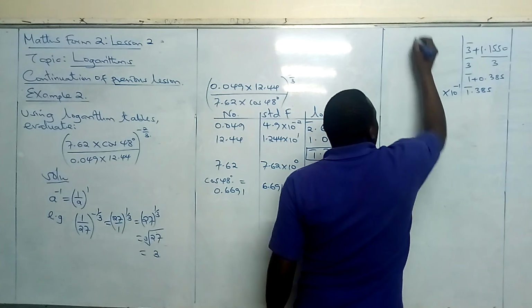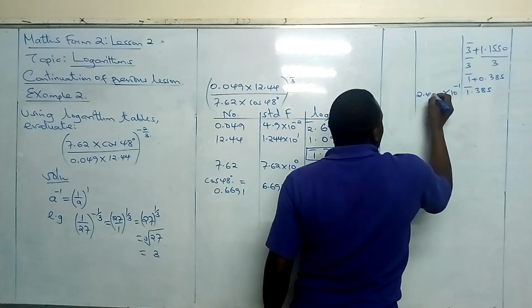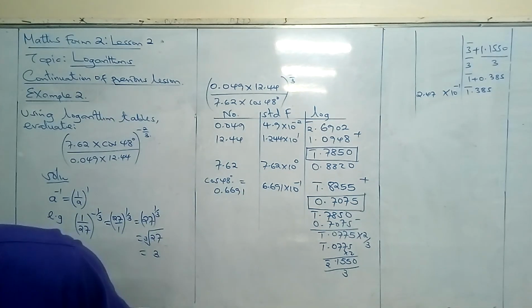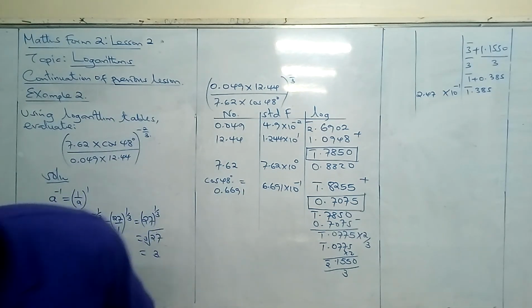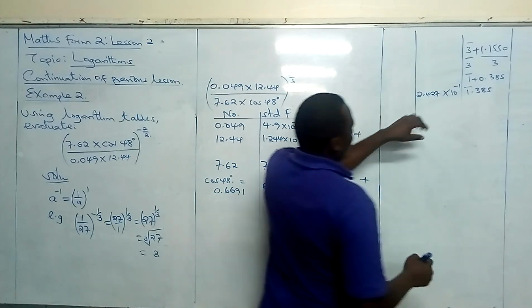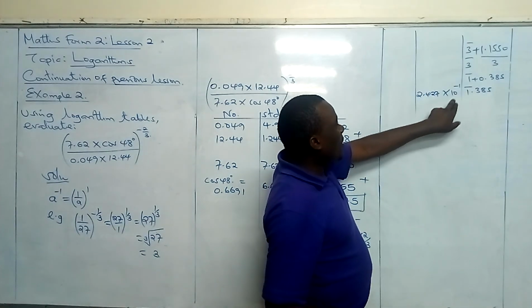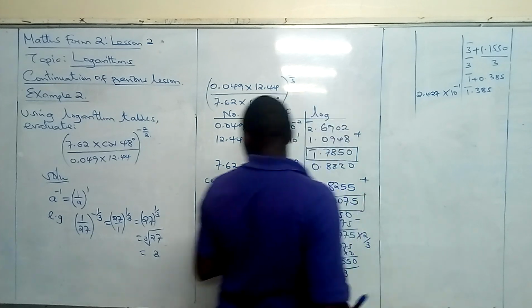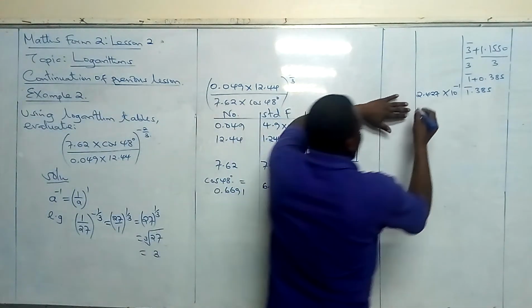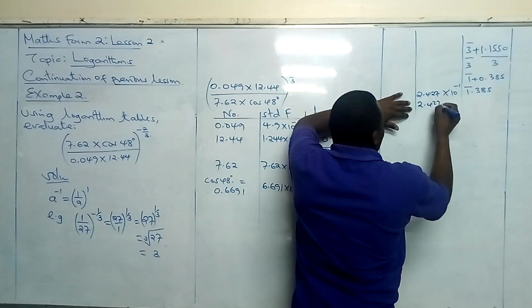Let me confirm again. 2.427. When a number is being raised to the power minus 1, as I told you here, it means we will have 2.427 times the reciprocal of 10.